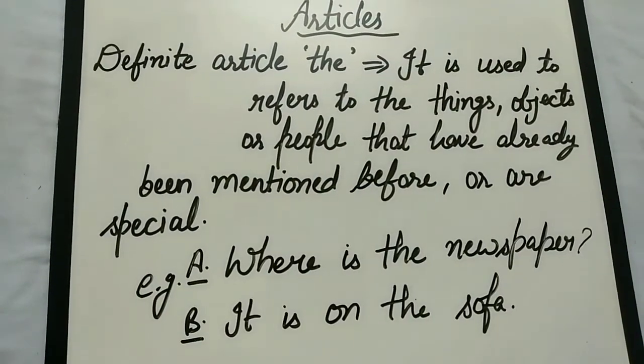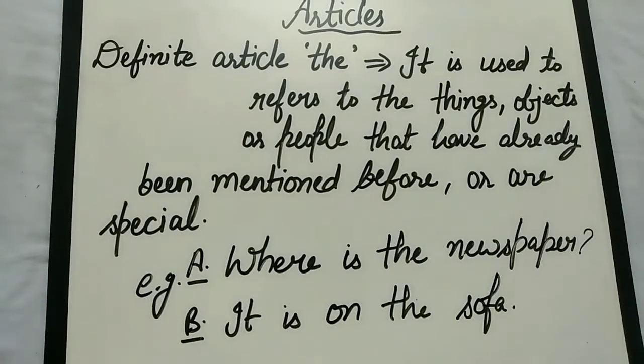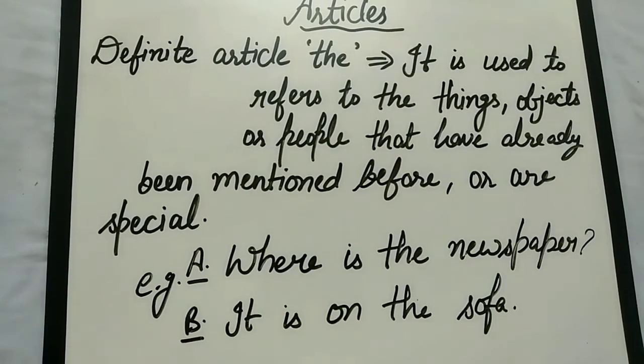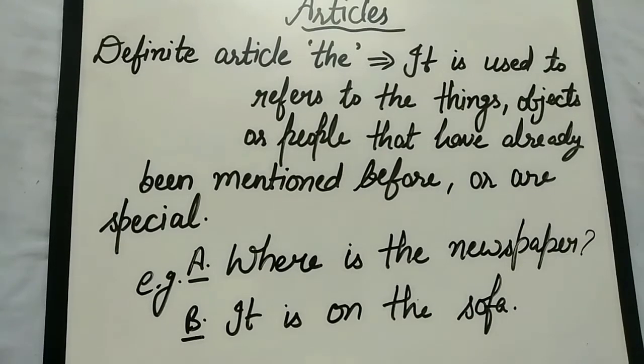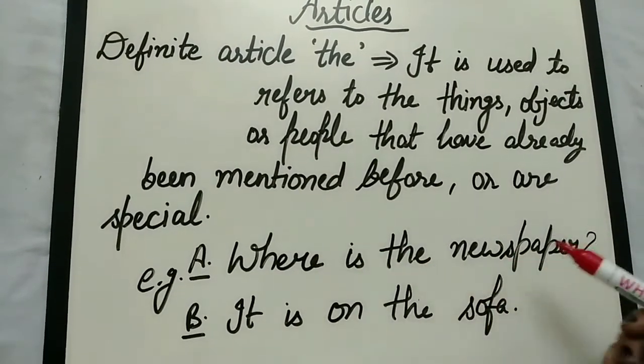Now we will read about the definite article the. It is used to refer to the things, objects or people that have already been mentioned before or are special. It means if you are already familiar with the noun, then we will use the definite article the. Examples are given here. Where is the newspaper?